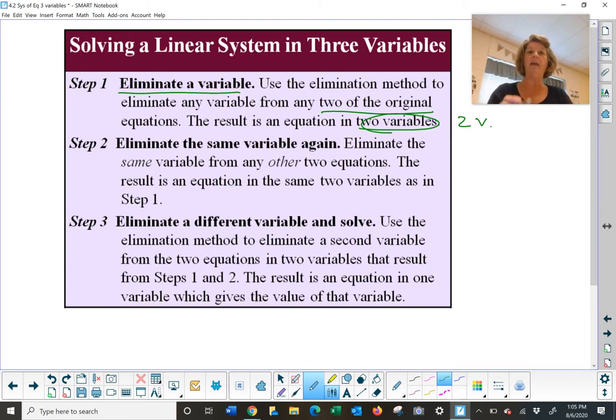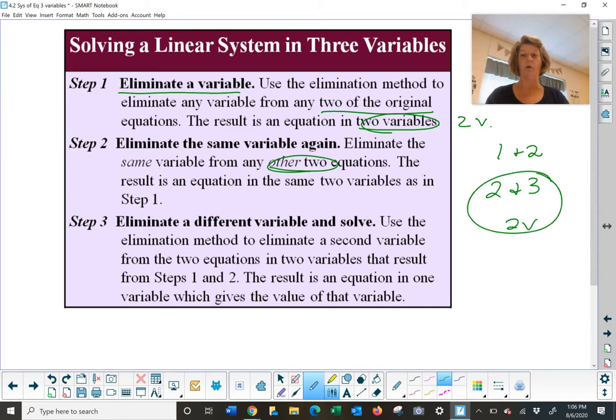And then I'll do that again. I'll choose another two equations. So maybe the first time I chose equations 1 and 2, the second time I'll choose equations 2 and 3, and I'm going to eliminate a variable from 2 and 3 added together. So I'm back to a two variable equation as a result of that work.